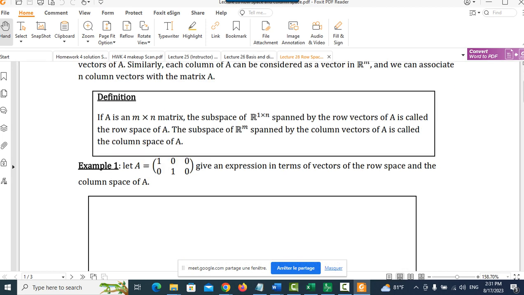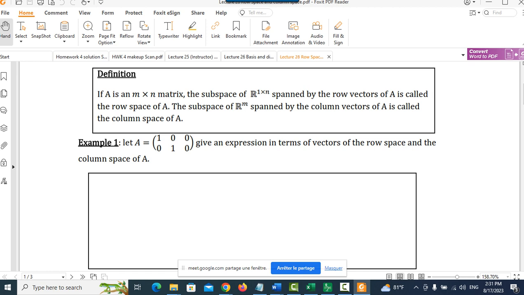Definition: if A is an m by n matrix, the subspace of R^(1 by n), meaning one row and n columns, so you're taking the row as a vector.